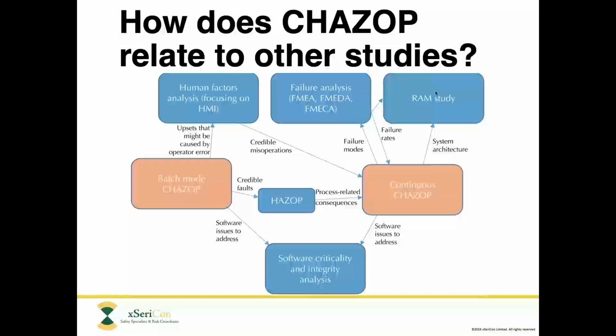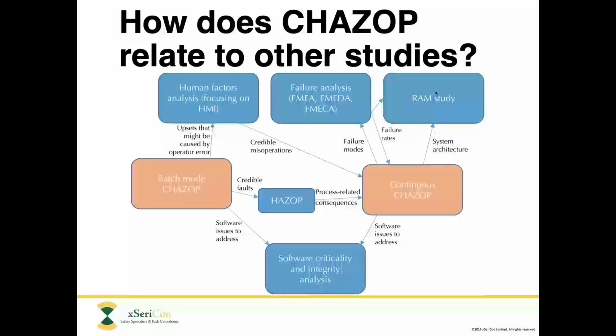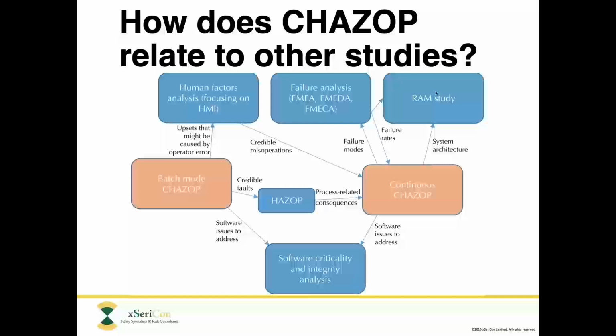And we challenge the design with a quite extensive checklist of questions in order to find the vulnerabilities, as we've discussed before. The reason why the HAZOP study is important as an input to that is that the HAZOP will tell us what are the reasonable worst case consequences of failures in the control system.